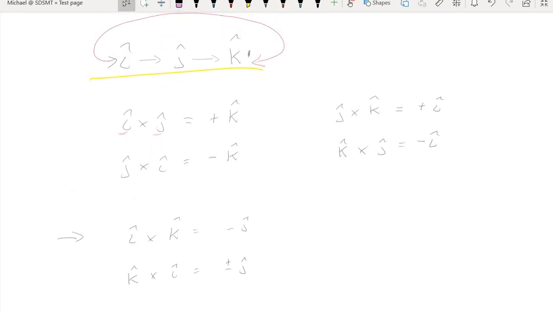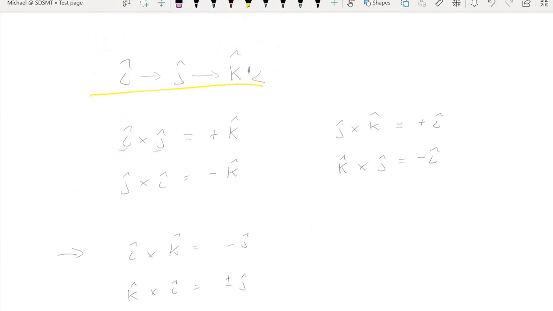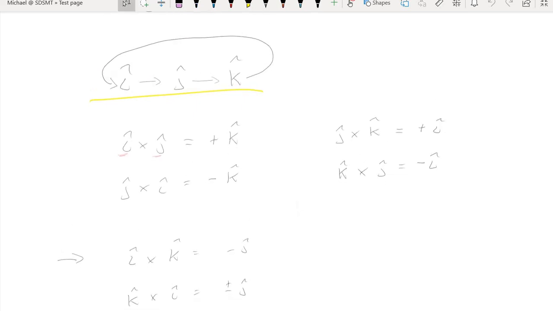So what's K cross I? Well, for K cross I, what's the quickest way of getting from K to I? And if you think it's to go this way, well, you've got something in between there. J is in the way, but if we just start the song over, well, that's the quickest way of getting from K to I. And we are following the alphabet song.